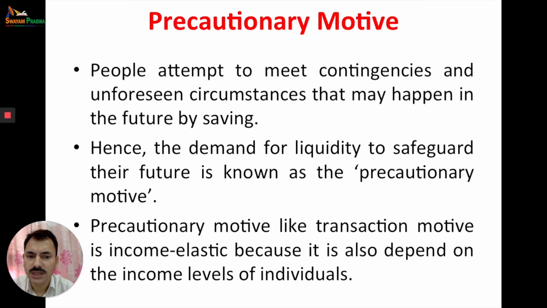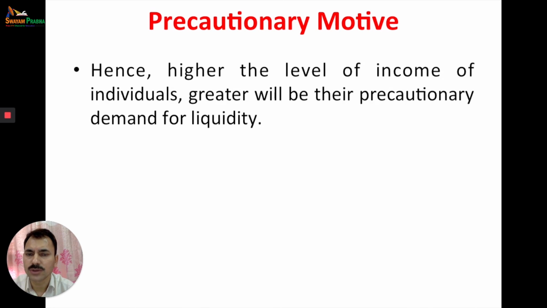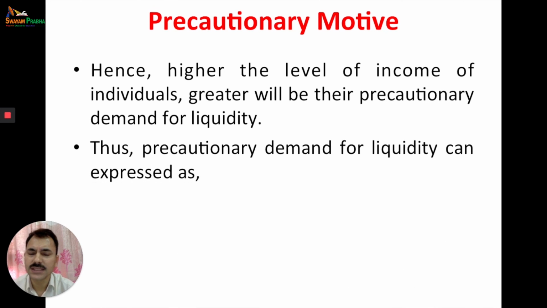Like the transaction motive, it is income elastic, because it also depends on the income of the individual. Higher income, more will be the precautionary motive. With less income, definitely there will be less precautionary motive.